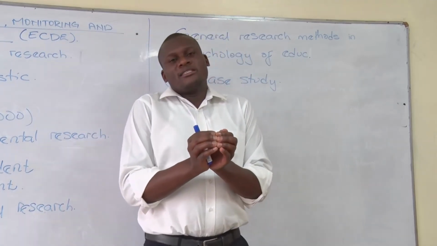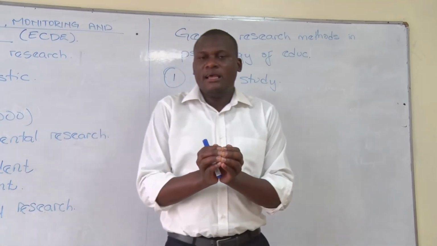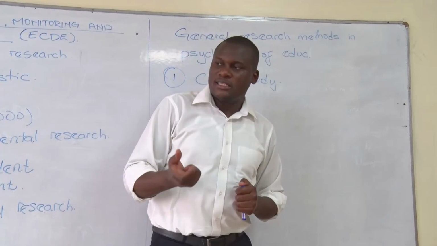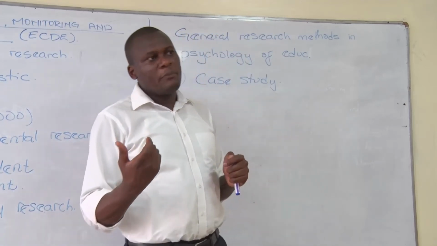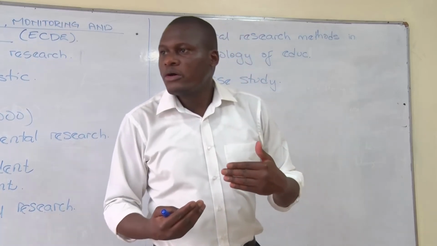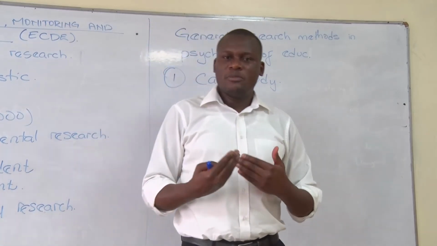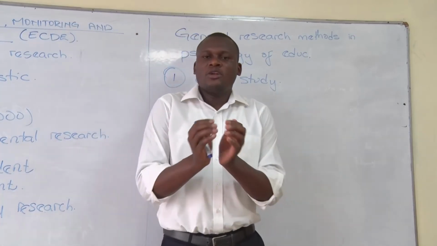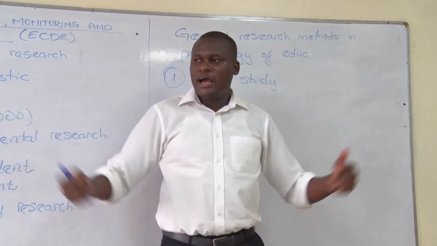The smaller the case study, the better. But again, you've got to hit a particular population for that case study to be viable. The people to be interviewed, or the subjects where you get the information from, must be enough to make it a viable study. But you cannot have a big area of study.